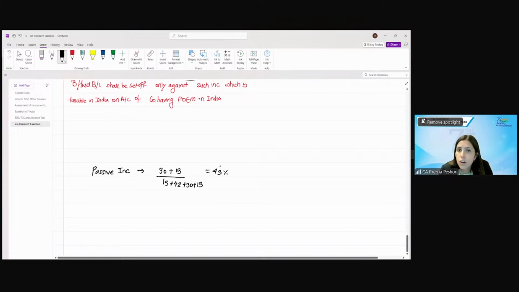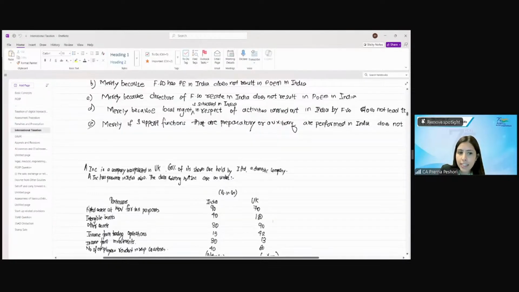Right? What is my second test? The asset test. So intangible assets and other asset information and the fixed assets at WDV are given to me. What is the condition? That the assets in India should not be more than 50% of the total assets, right? For the passive income and the total income, you will look at all the combined income in India and outside India also.